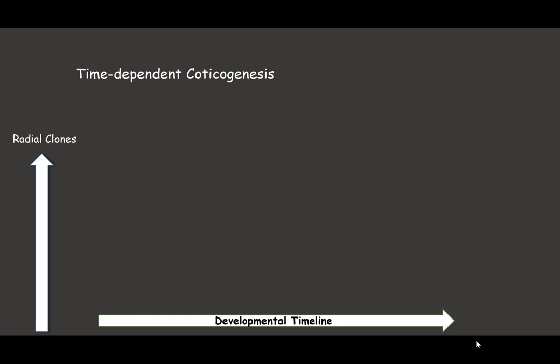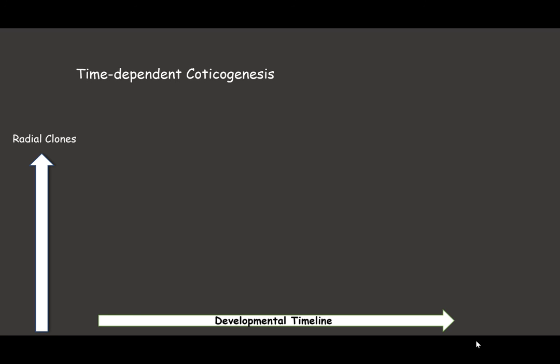Cortical progenitors generate radial clones that consist of neurons arranged in multiple layers. Interestingly, a prominent feature of this process is time dependence. That is, cortical progenitors generate different layers of neurons at distinct developmental stages.